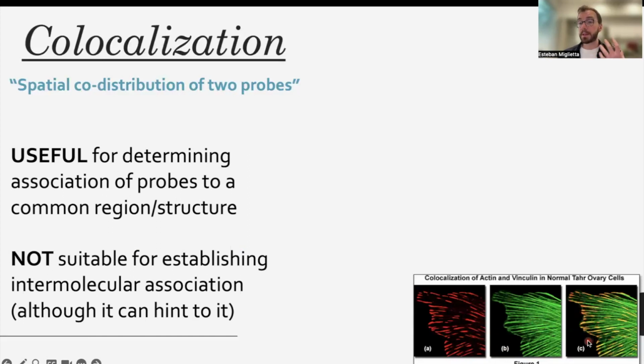However, this alone does not tell us whether these two molecules are interacting with one another. It can hint at it because, in order to be interacting, they have to at least be close to one another. But colocalization and microscopy images in general alone are not enough to prove this.